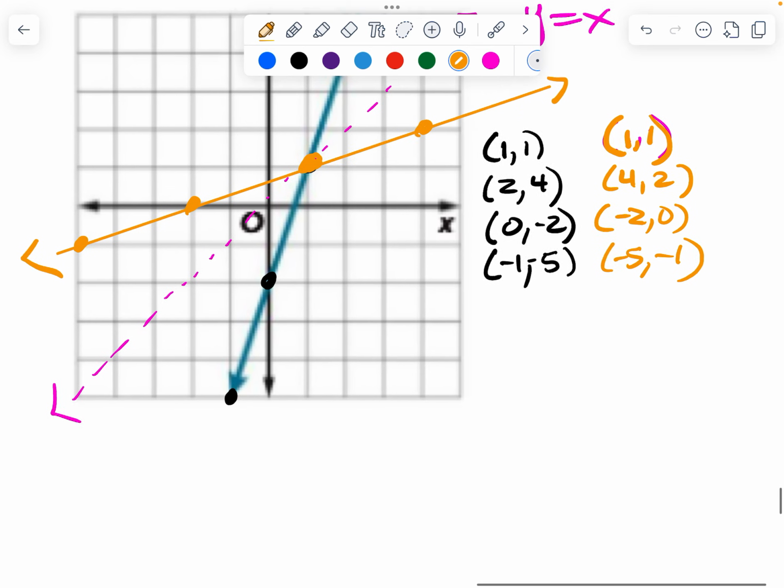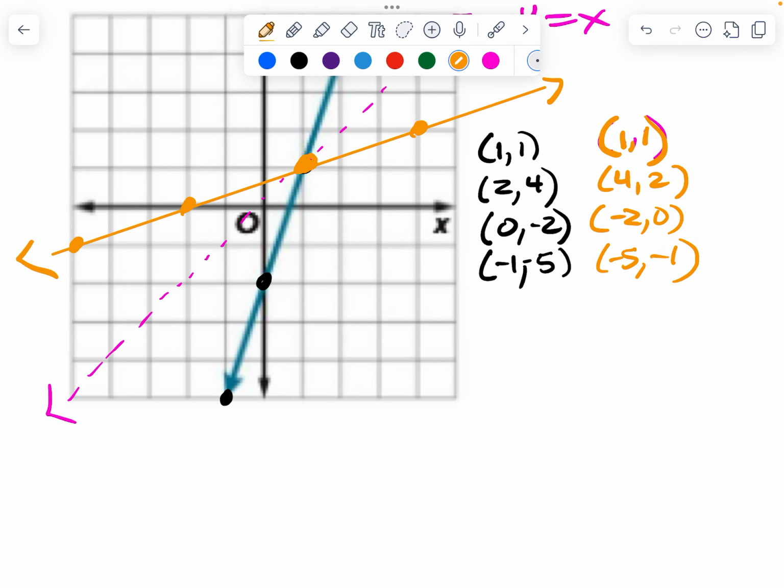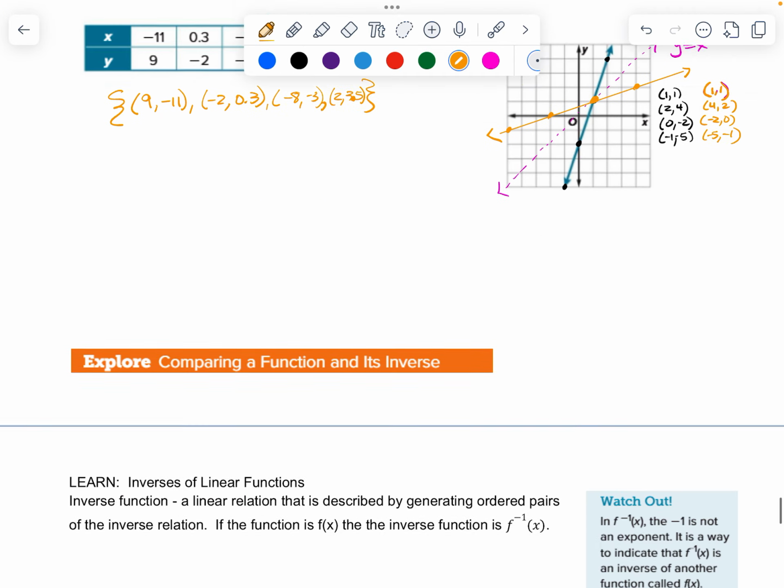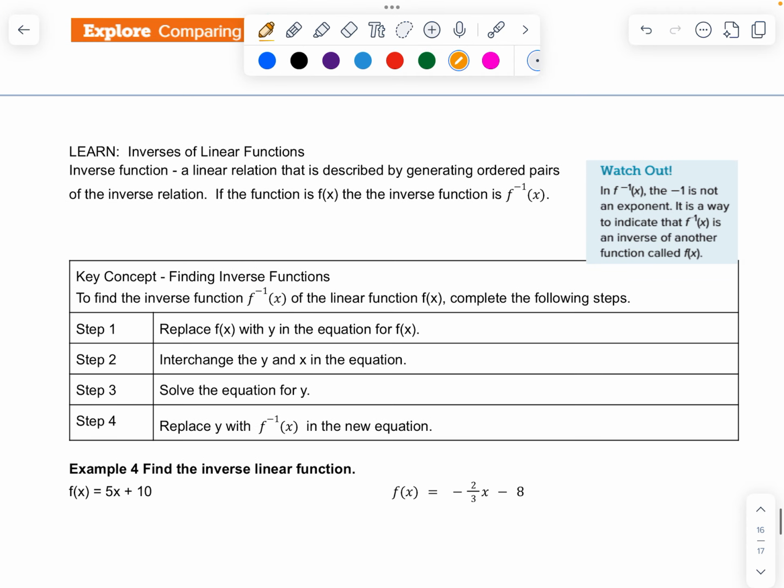Okay, it's not working. Come on. There we go. Awesome. Now what we're going to do is the inverse function. Not just having a relation, but we're actually going to use the inverse function. A linear relation is described by generating ordered pairs in the inverse relation, which we just did.